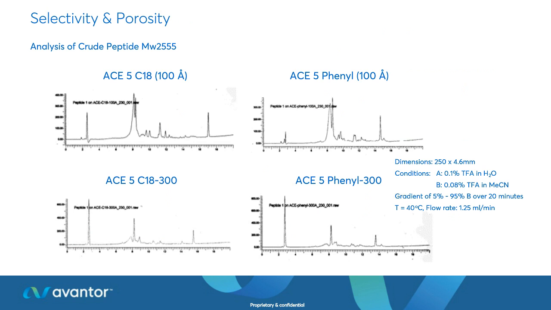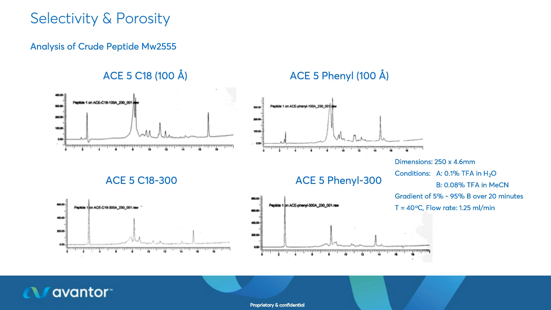And this is just looking at a study one of our partners did, looking at 2 different pore sizes and 2 different chemistries. So here they were working with a small molecular weight protein, peptide in this case, only 2,500 Daltons. And they were looking for purification.